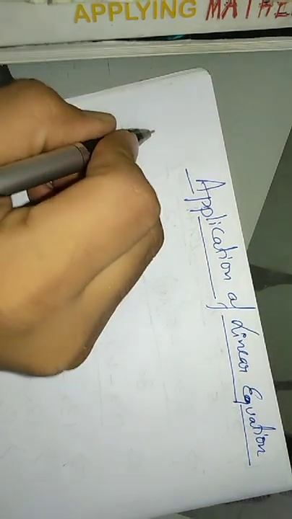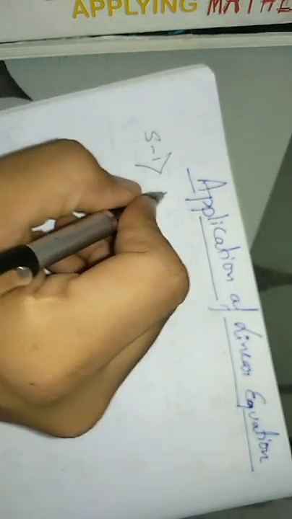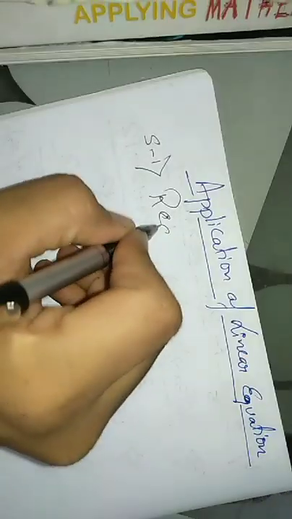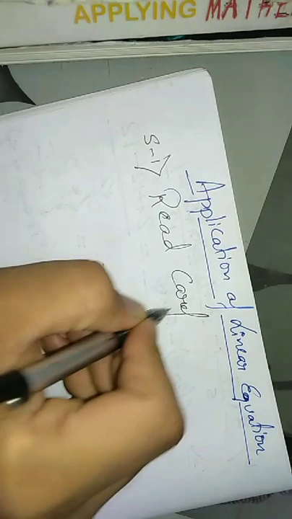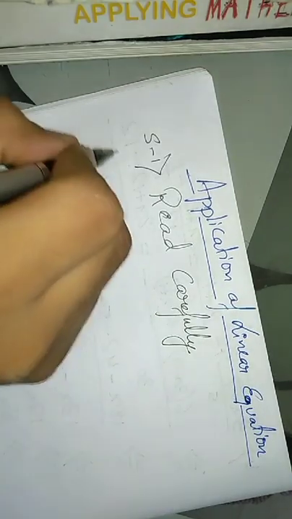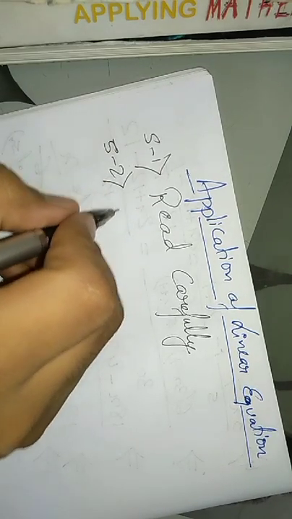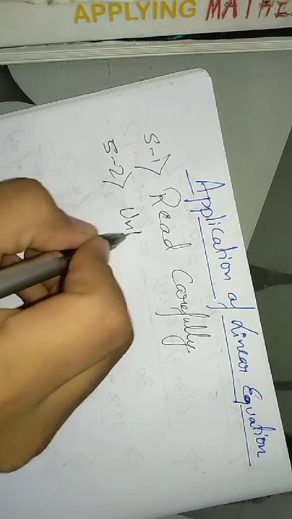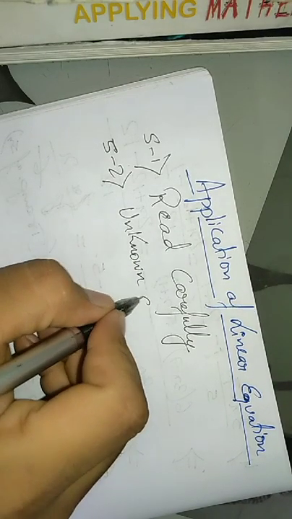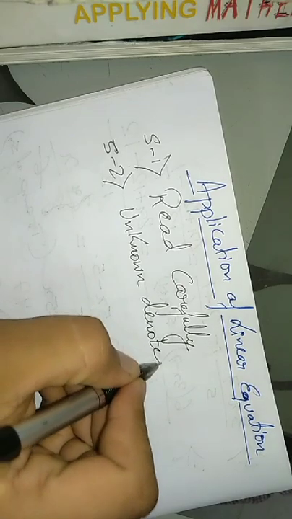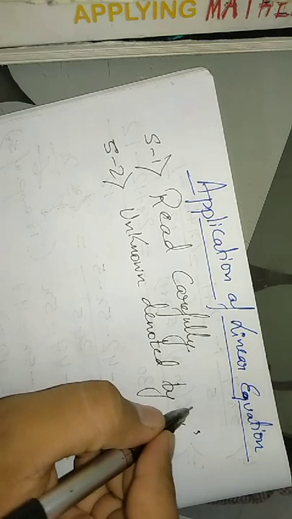Step number one, you have to read the problem carefully. Step number two, any unknown value or quantity given to you, you have to denote it by x.